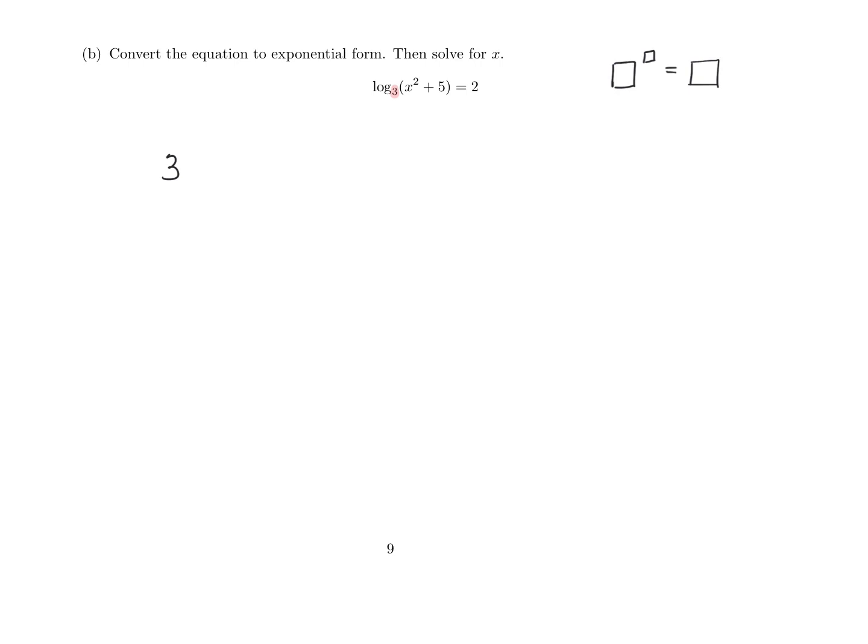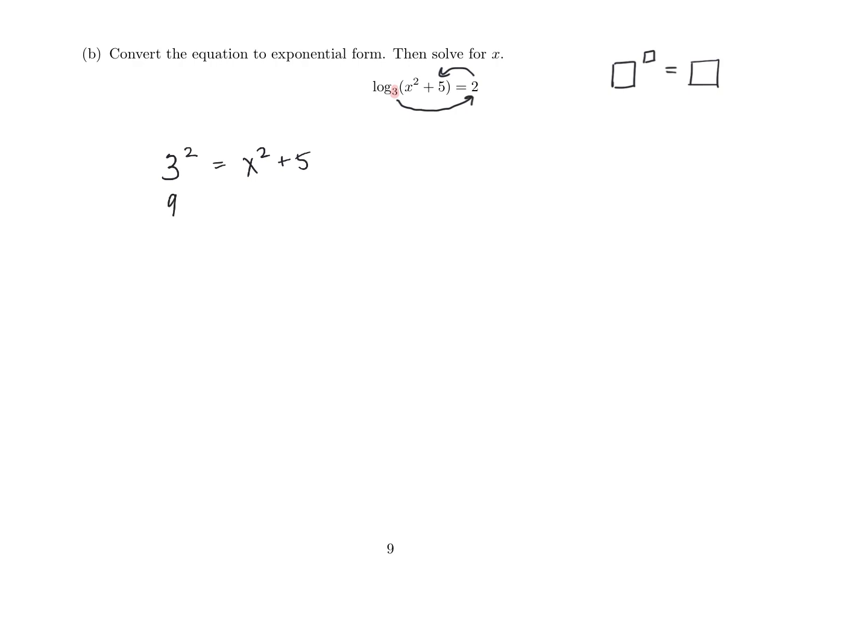The way you find all these pieces is you start by identifying the base, then you go across the equal sign, and that is your exponent. That's the next box to fill in. Then you go back across the equal sign, and the next box you're filling in is x squared plus 5. So identify the base and then go back and forth across the equal sign to find the other parts. And then you just solve this equation.